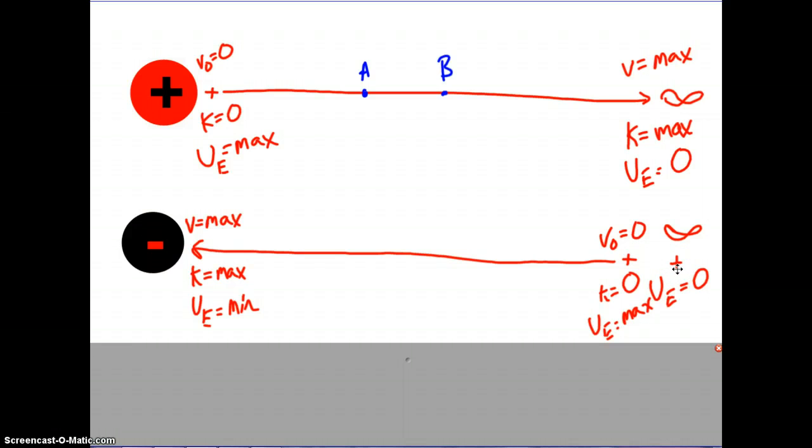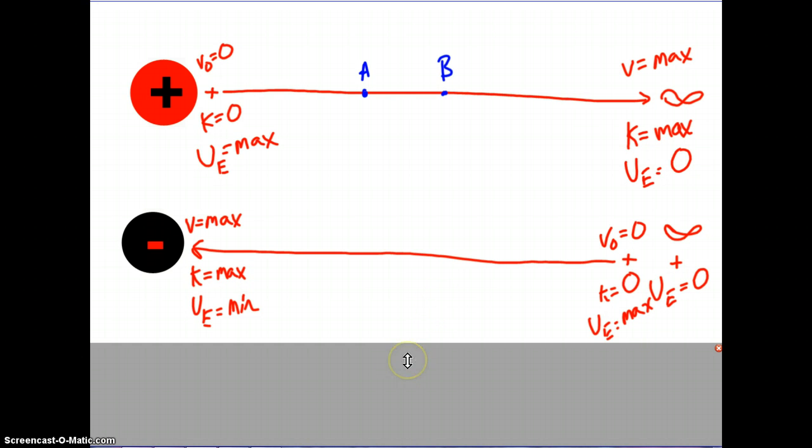This is complicated and confusing at times, but all we have to remember is that electric potential energy is always 0 at infinity, and then just think through, what would this test charge do if I let it go at this particular spot? Any increase in velocity means an increase in kinetic, which means a decrease in electric potential.